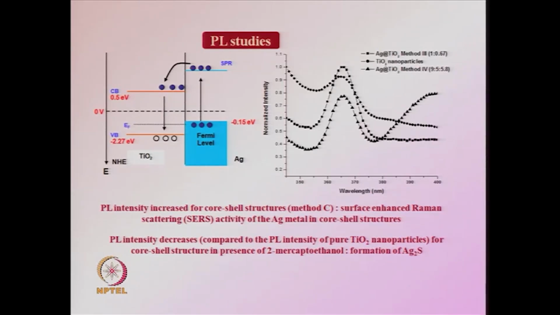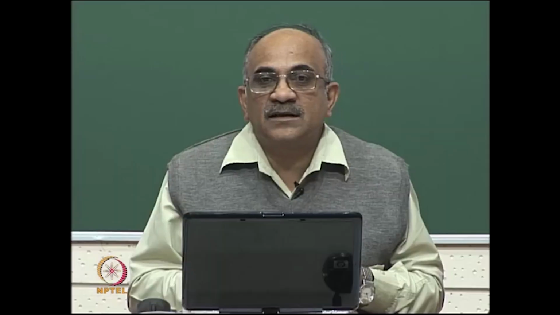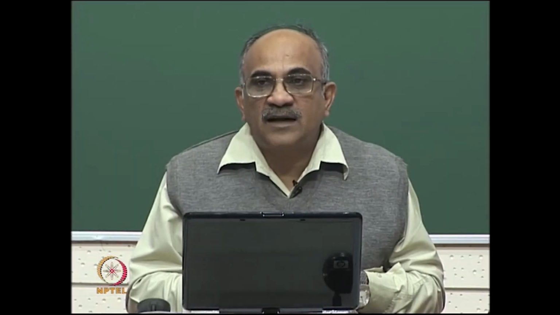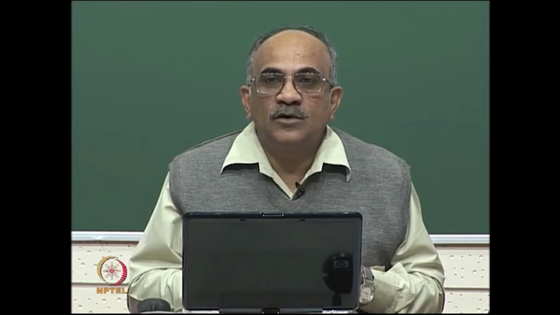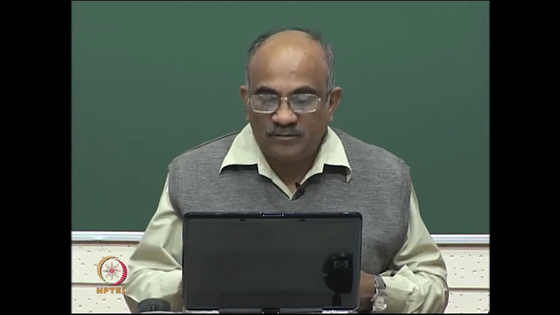If it is present, it leads to demetallization of the silver particle, and that would lead to a decrease in the surface plasmon band intensity, and also it will lead to lowering of the PL intensity.